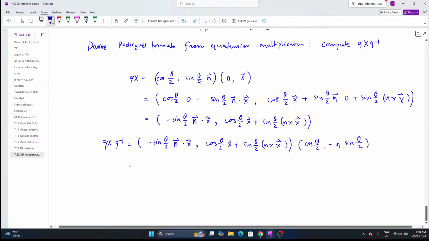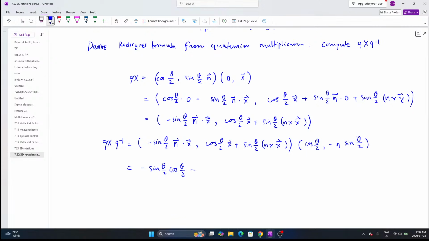All right, so the scalar part would be minus sine theta over 2 cosine of half theta, and then do a dot product of the vector part.